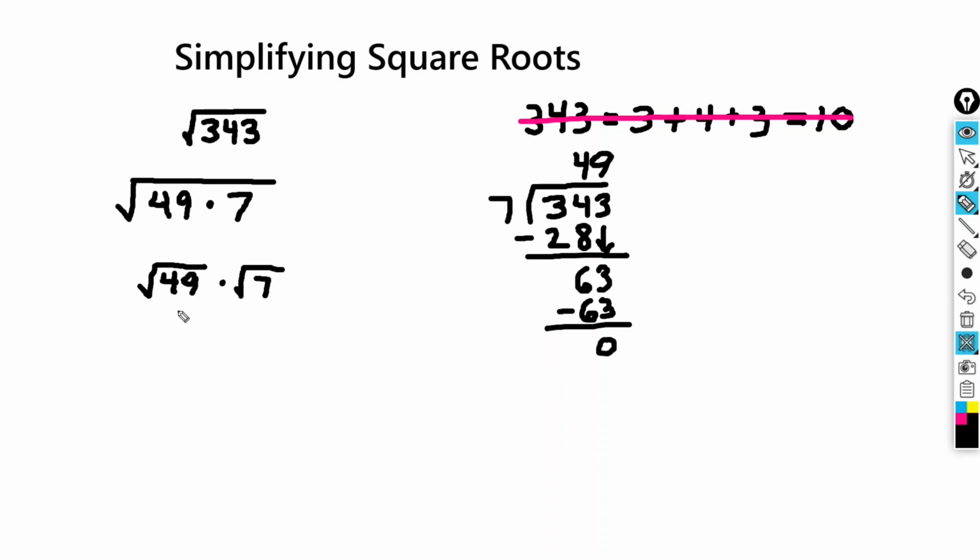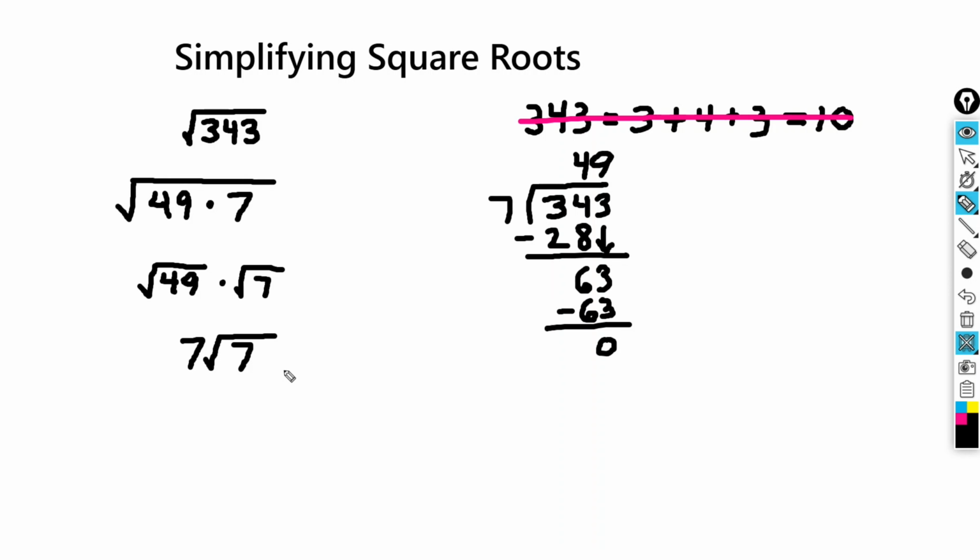Well, 49 is a perfect square. 49 is 7 times 7. So the square root of 49 is 7. So I can rewrite this as 7 times the square root of 7. And I don't even need the middle dot here. If I just write 7 next to the square root of 7, that means they're multiplied together. So 7 square roots of 7.